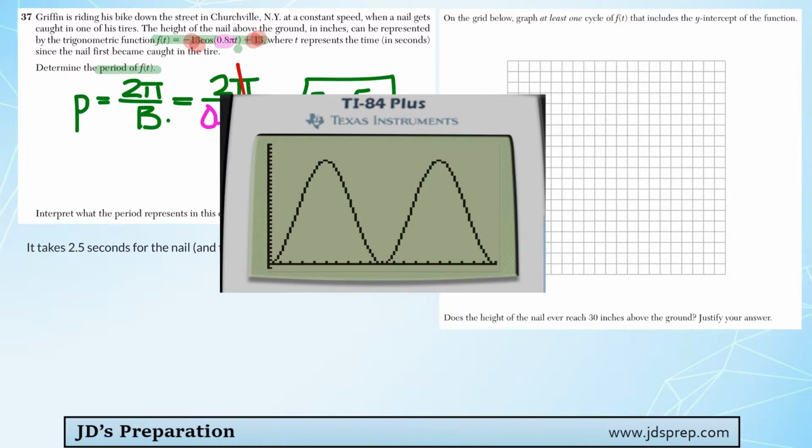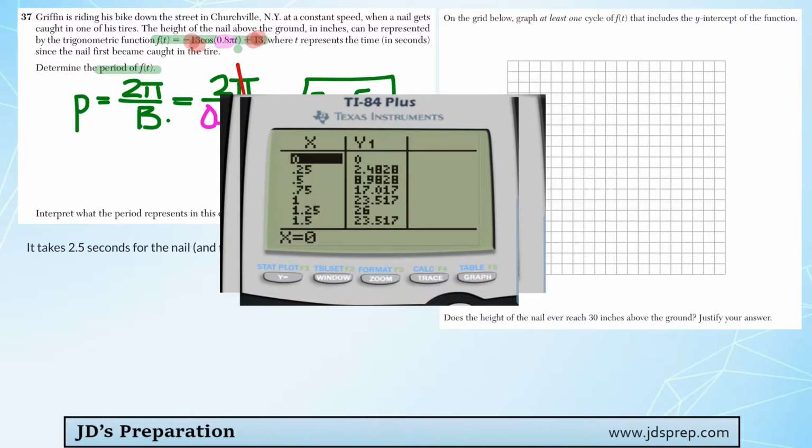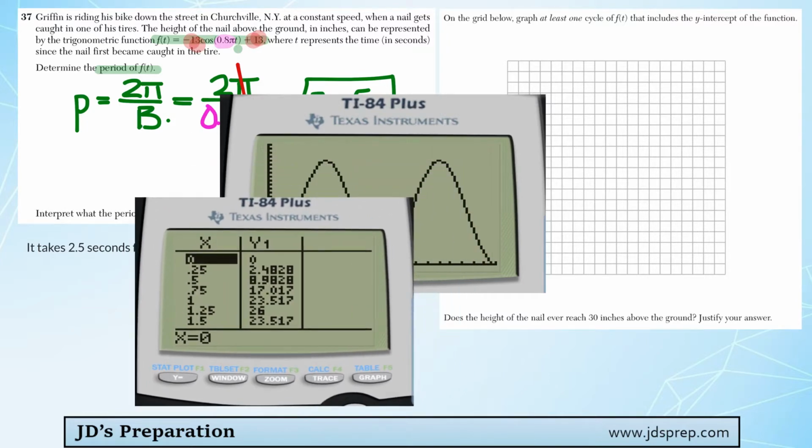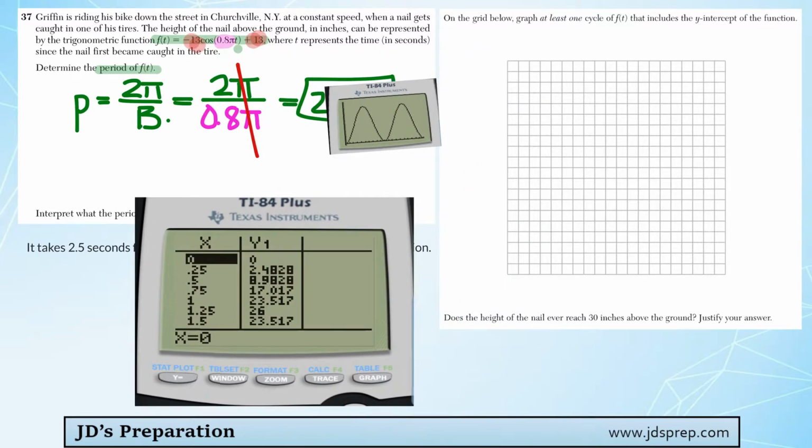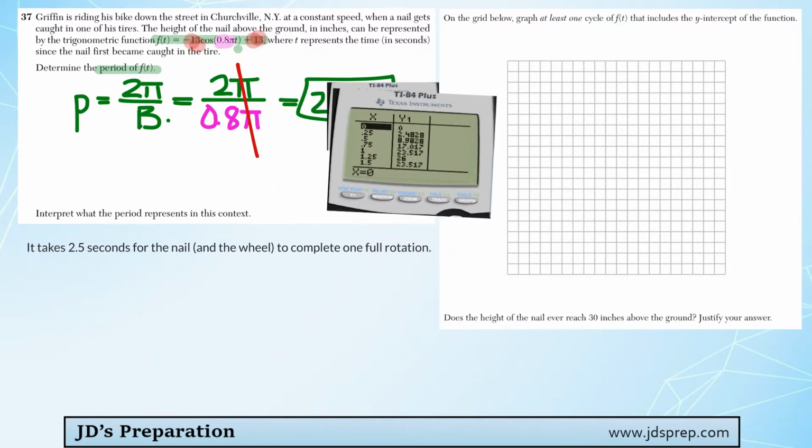And the reason being, when we take a look at the table values, you'll notice that when we change the settings, the range for the x values to 0.25, conveniently we get our minimum and our maximum. You can see our minimum there is 0, 0, and our maximum occurs at an x value of 1.25 and the y value of 26. So this is really going to help us out here to graph.